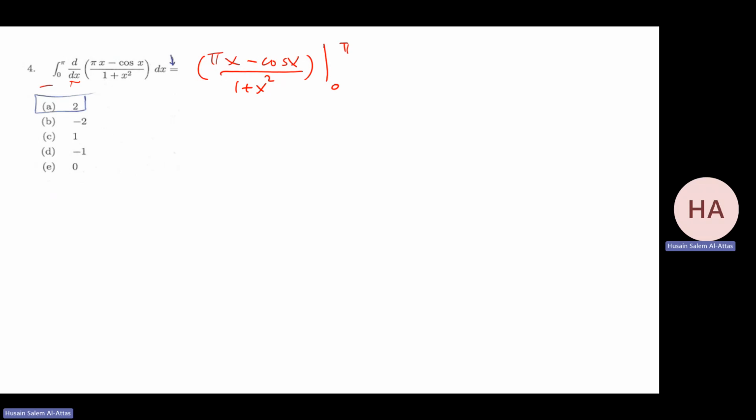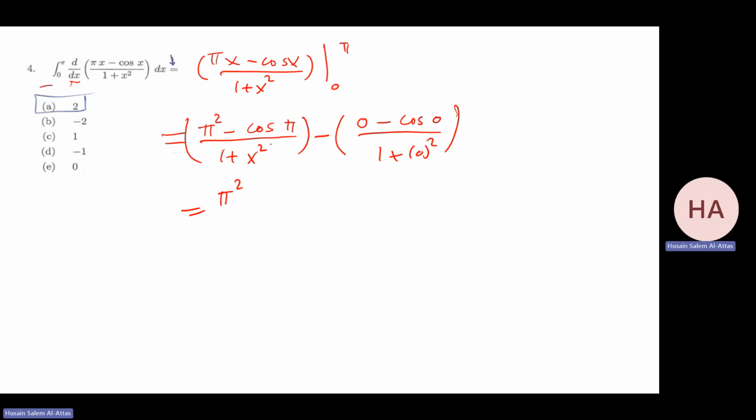Substitute, what you will get? You will get pi squared minus cosine pi over 1 plus x squared minus 0 minus cosine 0 over 1 plus 0 squared.